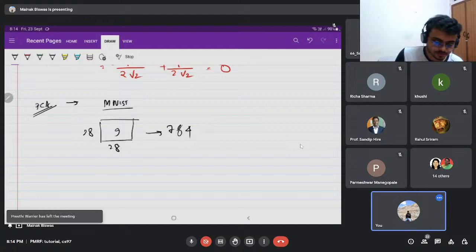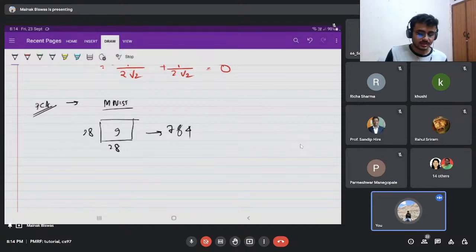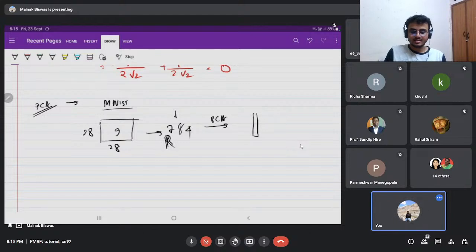So this is your data. We applied PCA on this, and we reduced it from a 784 dimension data set to just R10, as far as I recall.